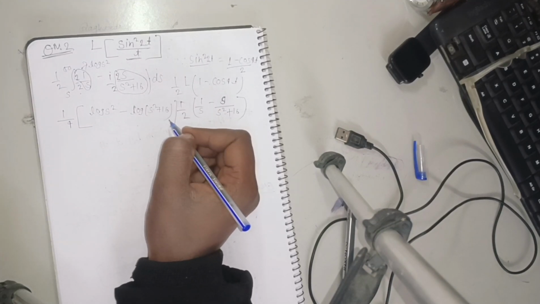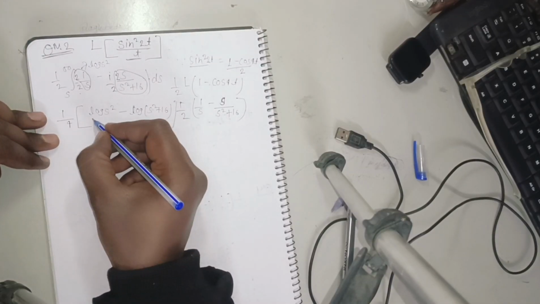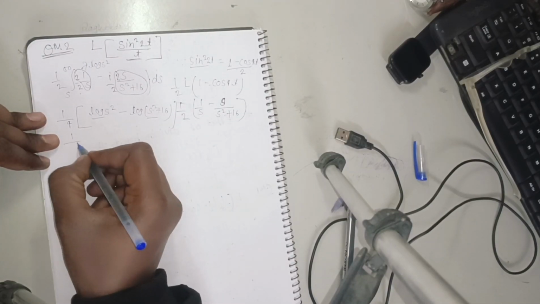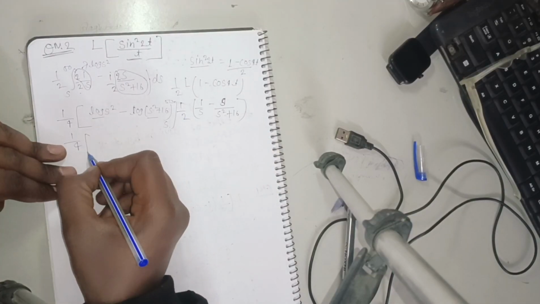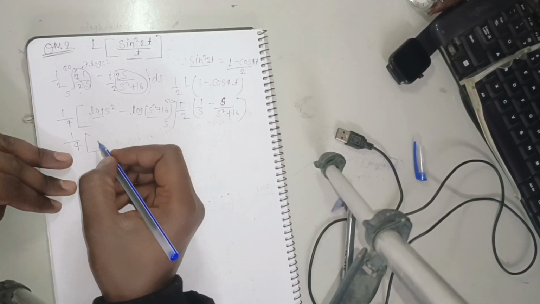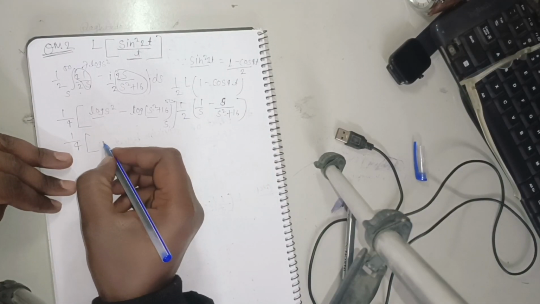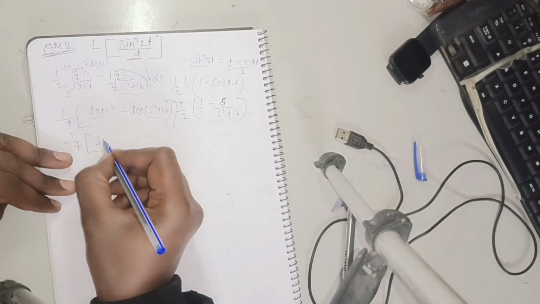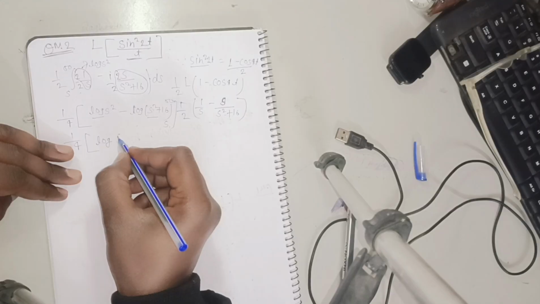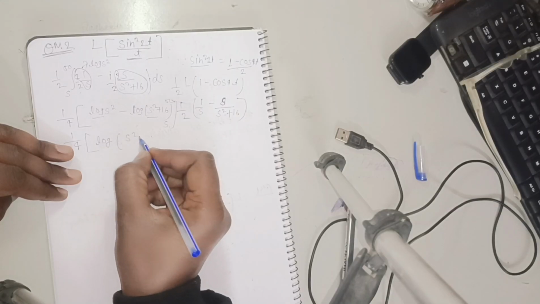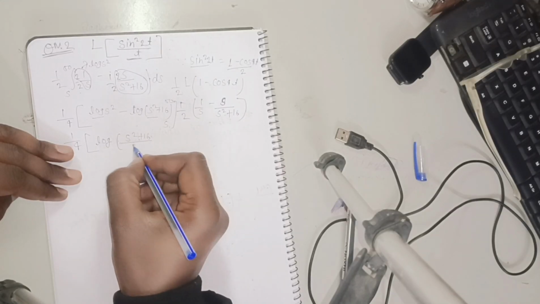Okay, and now simple log property. So 1 upon 4, here also the limit, which we must not forget, s to infinity, log of s square plus 16 upon s square.